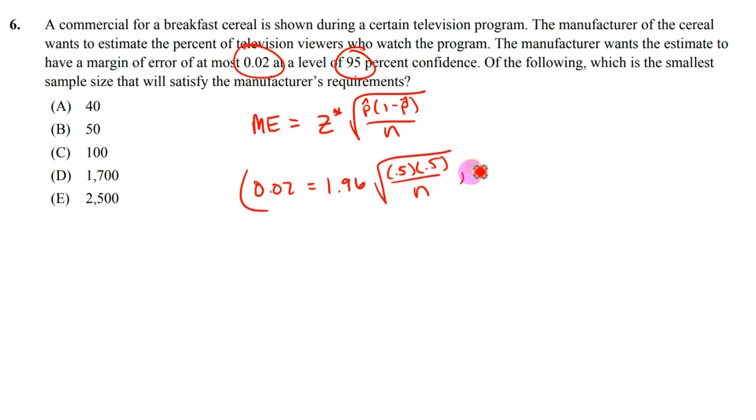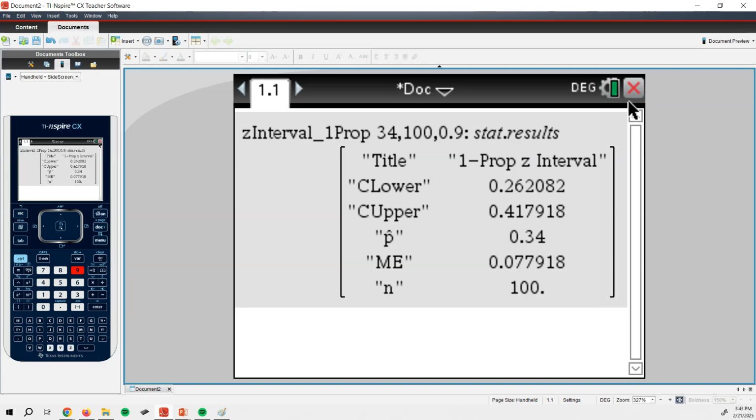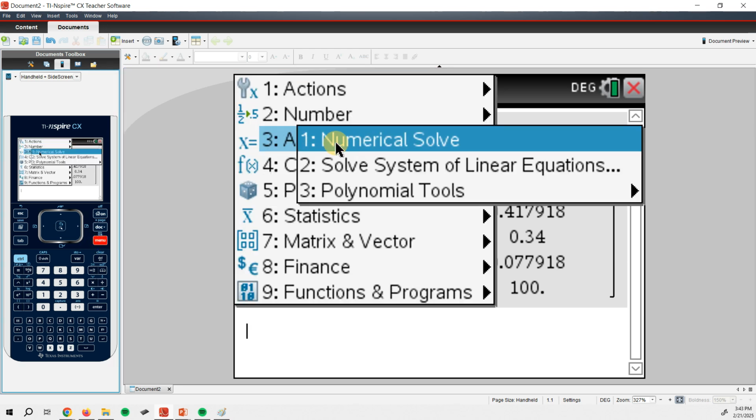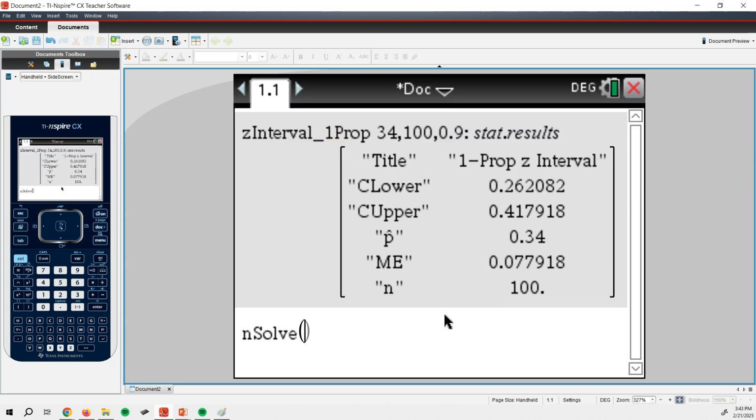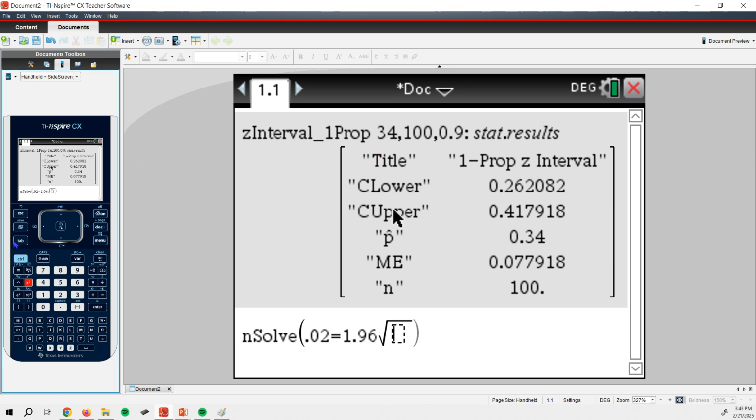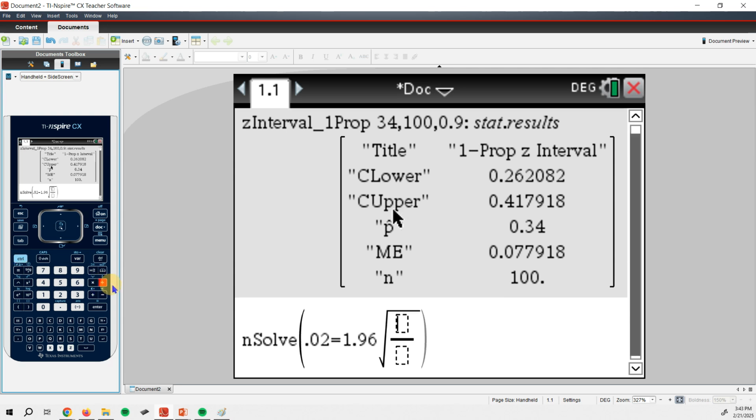We're doing all this in numsolve, so we can do it here real quick. Menu, algebra, numerical solve, and it would be 0.02 equals 1.96 times the square root of 0.5 times 0.5 over n, comma n.